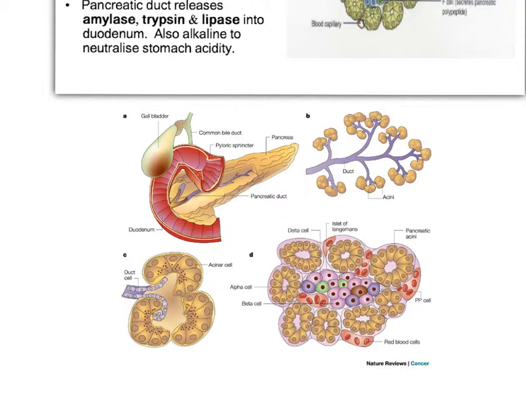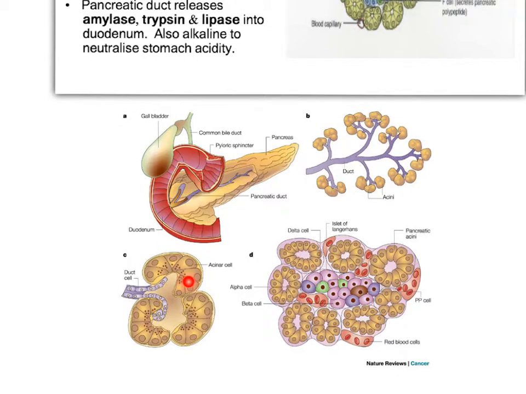Now, if I was to look more closely at one of these, cells are arranged around the pancreatic ducts, and these form what are called pancreatic acini, which are little clusters of cells which cluster around the pancreatic ducts.